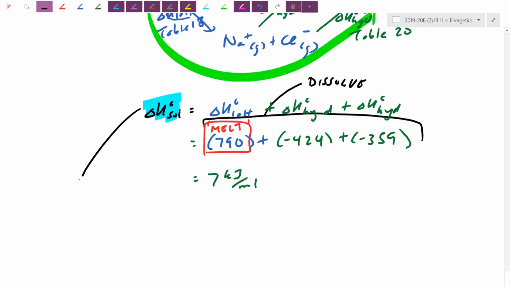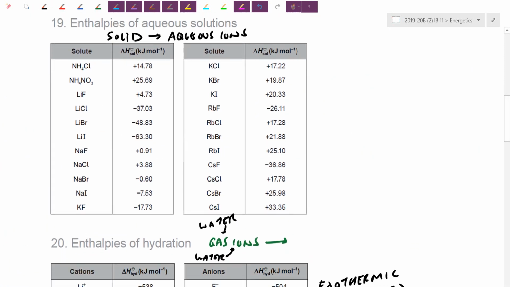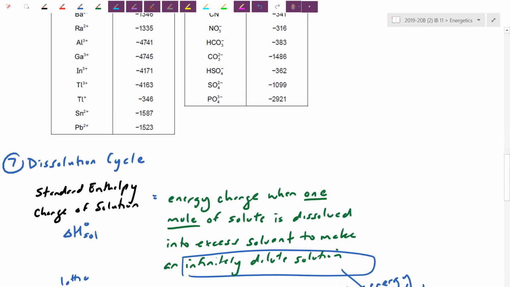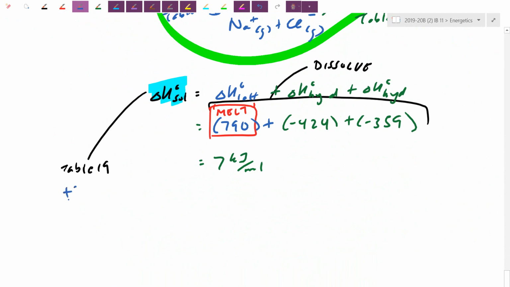Just for reference, on table number 19, we've been saying there are the odd solution enthalpies here. Because NaCl is such a common compound, I would expect to see it. The enthalpy of solution for NaCl is quoted at positive 3.88. First thing you'll notice is that it's fairly similar, that's a good sign. We're still slightly endothermic, still positive on both sides, but they're not exactly the same.